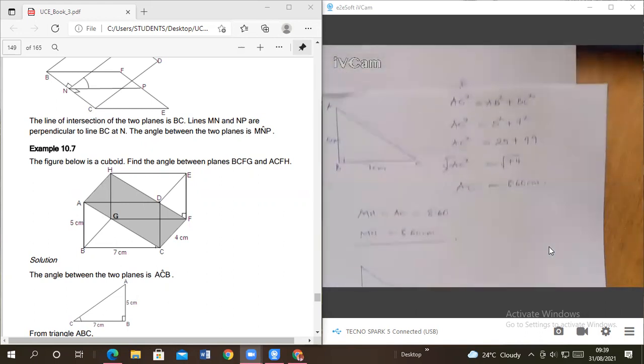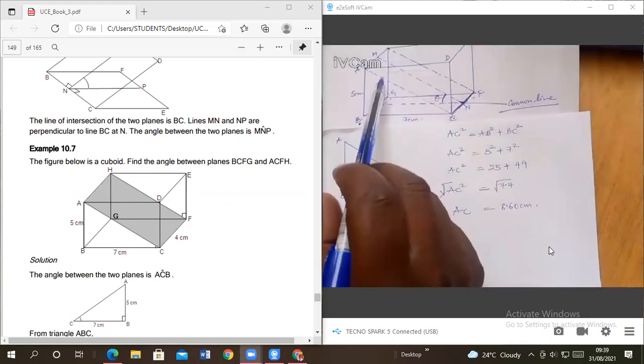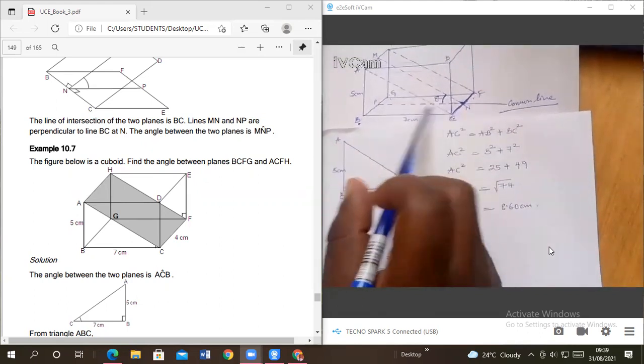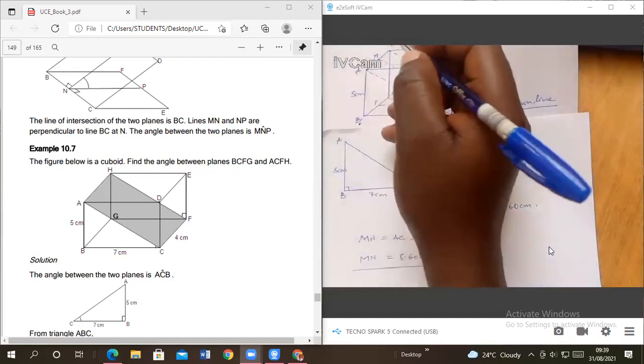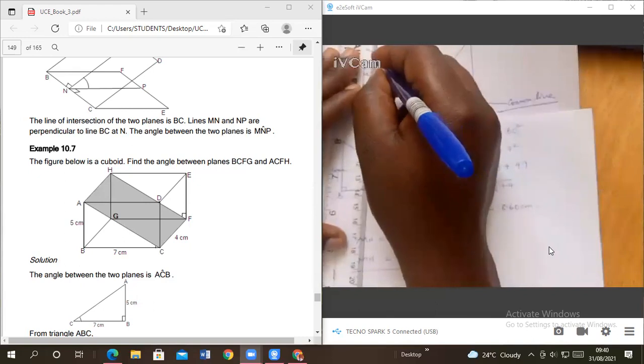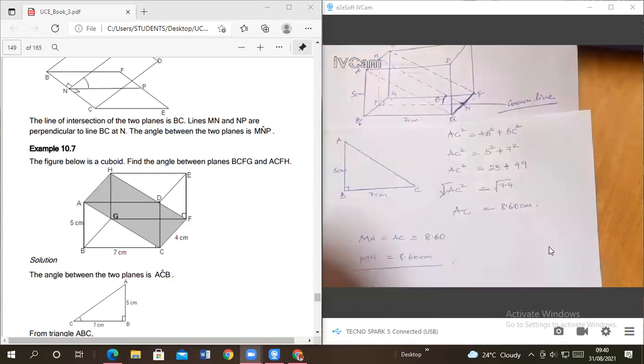Which right angled triangle am I drawing? As you may see in the diagram, it is this triangle here, MNP. Here I can put dotted lines and show you that we have a right angled triangle inside here, and that is 90 degrees.